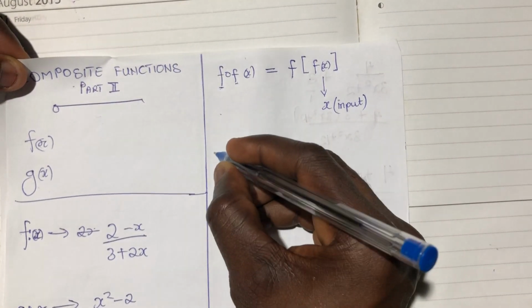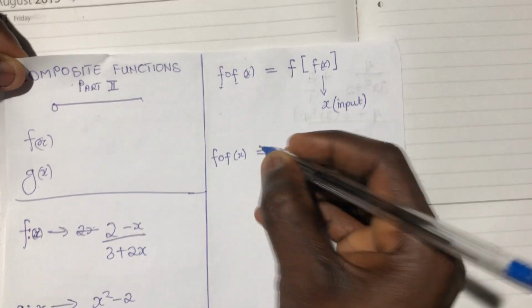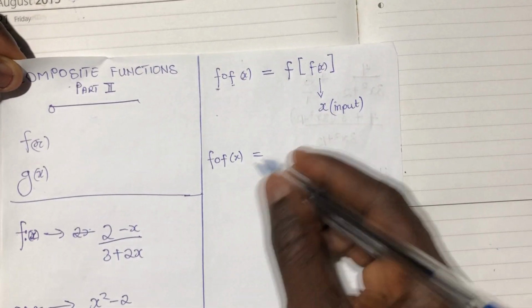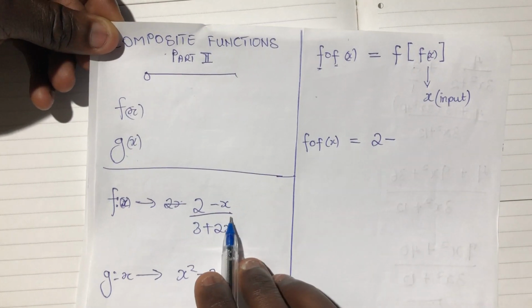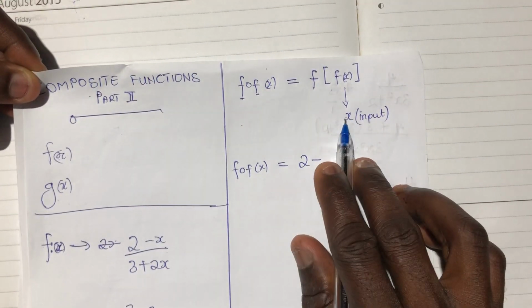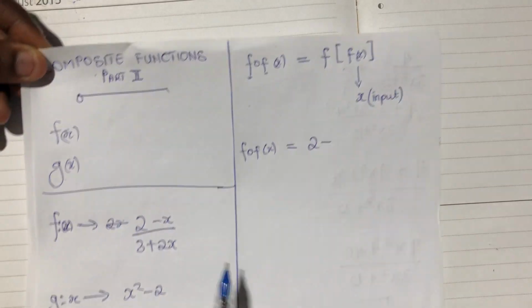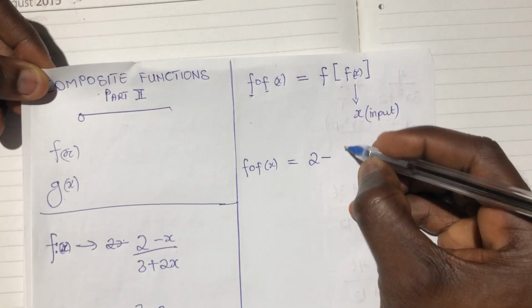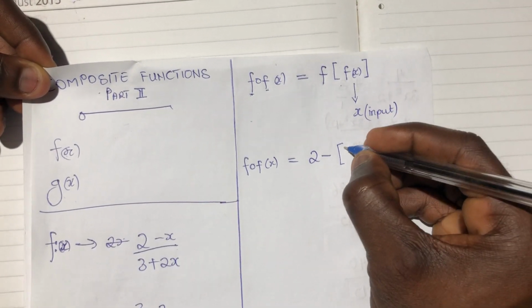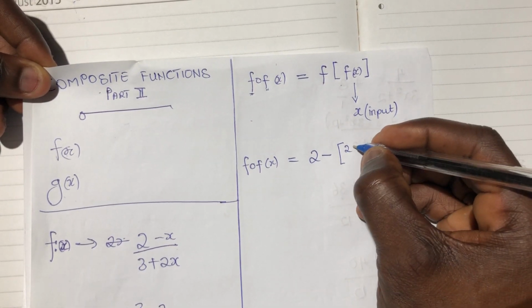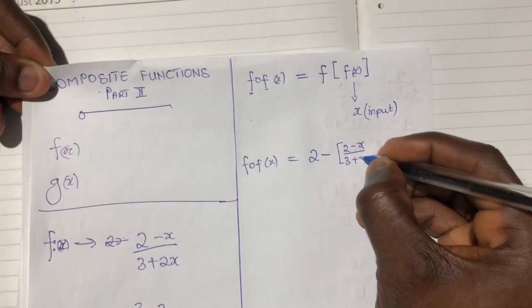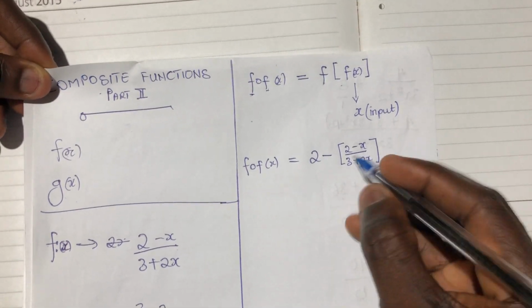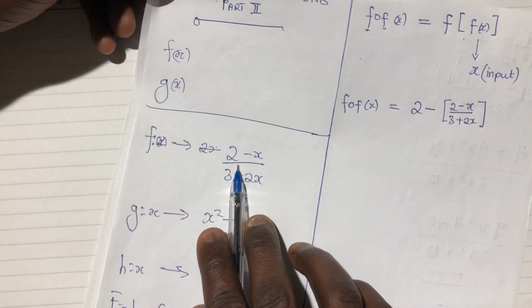So now our f of f of x will be equal to the function f of x, which is 2 minus x, and our x stands for what? f of x. And what is f of x? The same function. So I'll bring my bracket here and introduce my function 2 minus x out of 3 plus 2x, and then close the bracket and divide it.